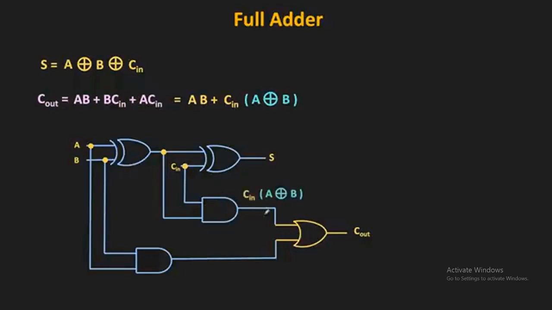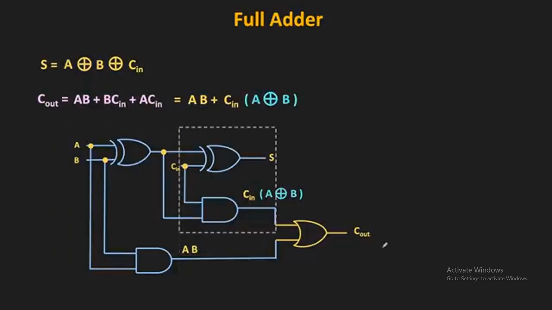Here the output of the first XOR gate is applied to the AND gate, and the second input of the AND gate is equal to C in. That means the output of this AND gate is equal to A XOR B into C in. Using this OR gate, the outputs of the two AND gates are logically ORed, and this is our output Cout. So this is another way of generating the Cout.